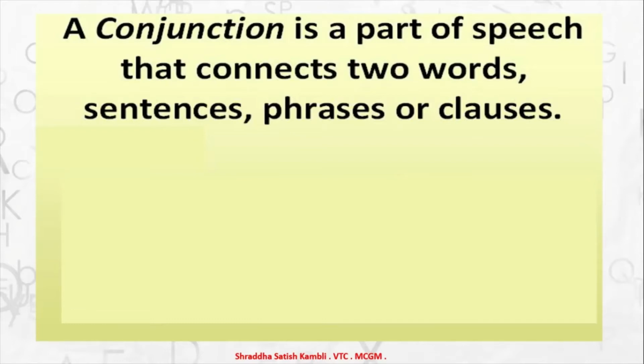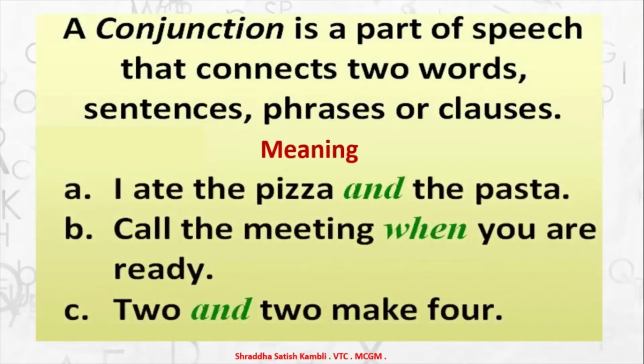Now, if we take a look at the examples, so this was the meaning. Now, what about the examples? I ate the pizza and the pasta. So see, I have connected the two phrases, the pizza and the pasta.